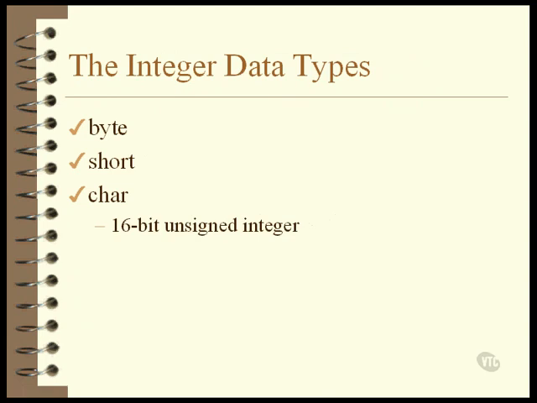The next data type is the char, or sometimes pronounced char. It's the same size as the short, but it's an unsigned value, with its largest value being 65,535. In fact, this is the only unsigned value in Java, and while you can do arithmetic on it and convert its numeric values to and from the other fundamental data types, it's intended to hold members of the character set of Java.